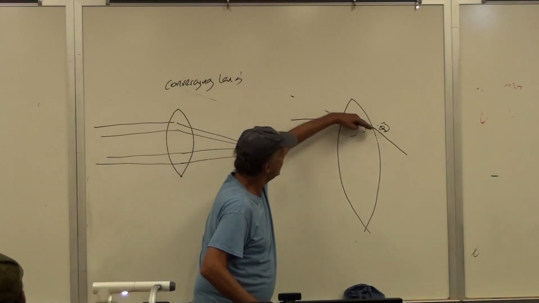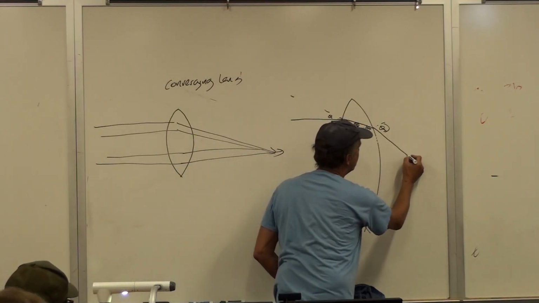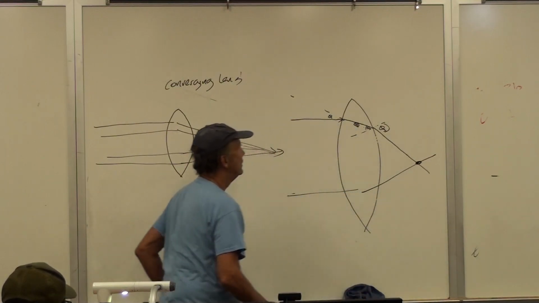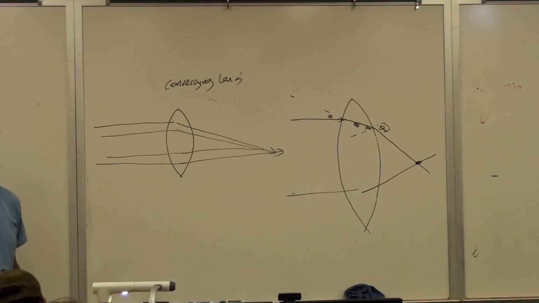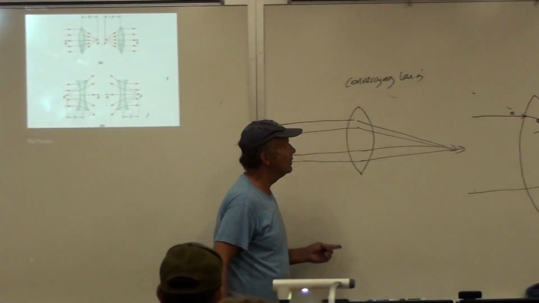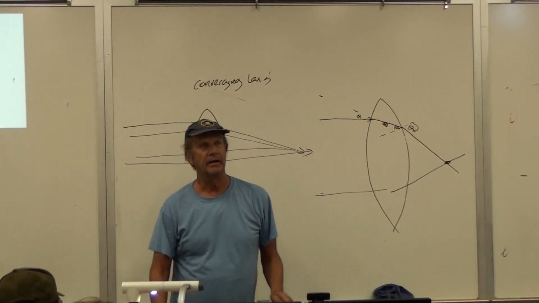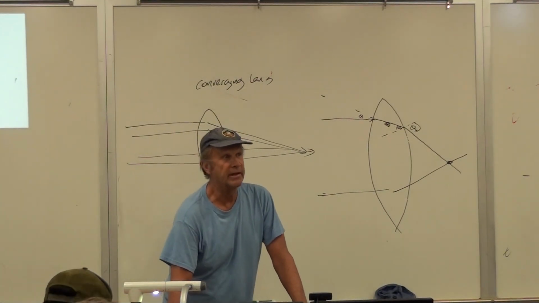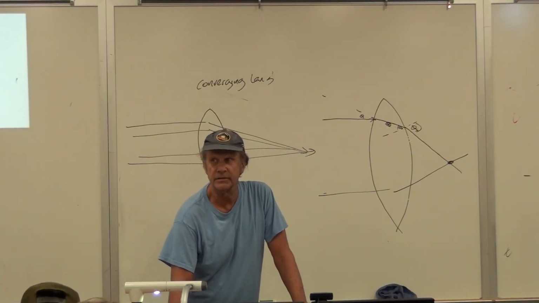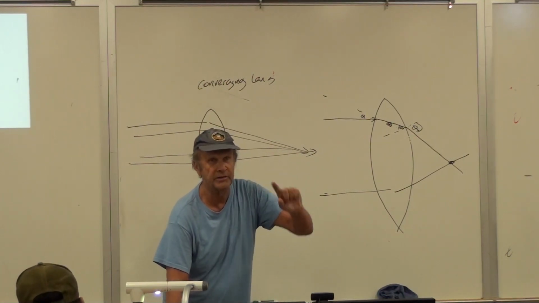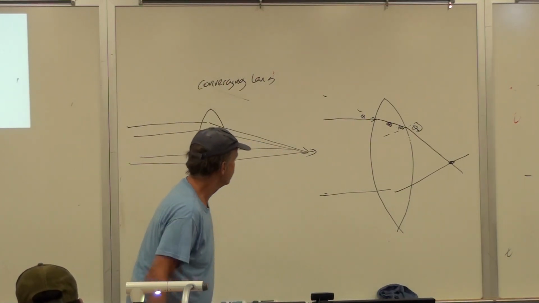Both of those effects together have the net effect of bending the light toward a focal point. You can work it out just from Snell's law, n1 sine theta 1 equals n2 sine theta 2, but with the different normals being associated with the different points on the curvature of the lens.